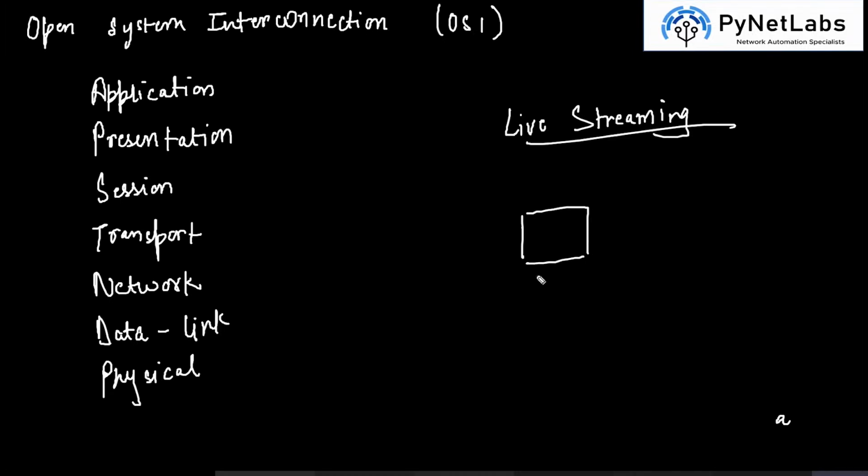Let's say I was able to watch the video till 1 minute 50 seconds. Then there was some bad connection, some packets got dropped, and now I am at 2 minutes. I missed these 10 seconds because of some bad connection, and it went all in buffering.